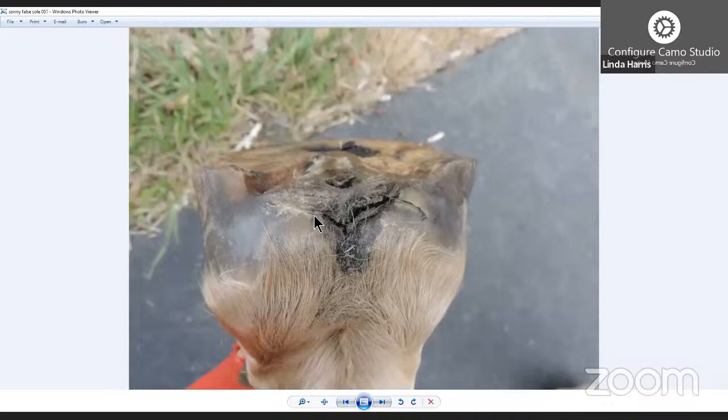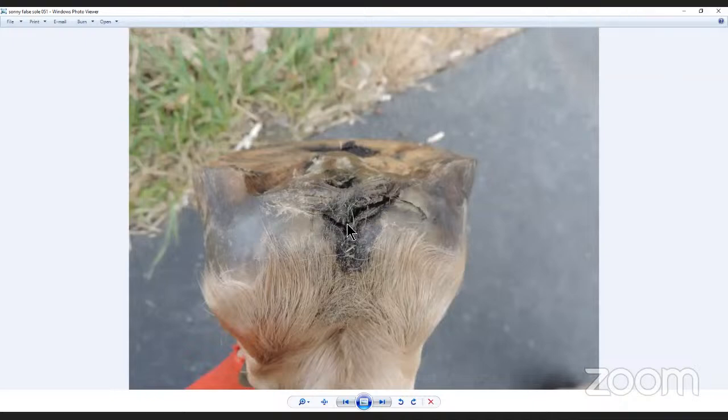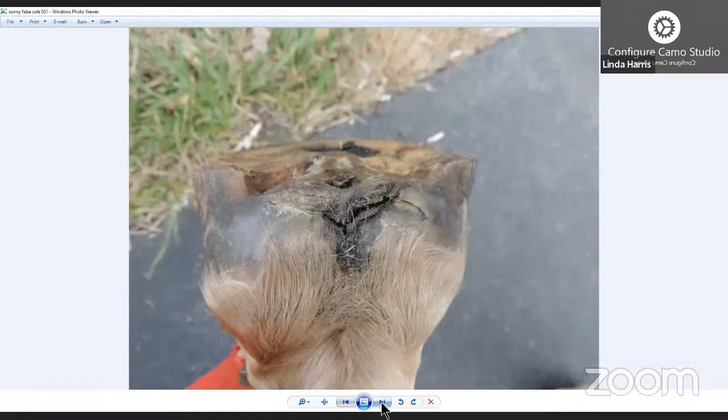Now, didn't you have a picture like that too? Anonymous, are you there? Yes, I'm still here, and yes, I had that kind of frog on the left front, and it took a while to clean up, but I did get it cleaned up. Okay.